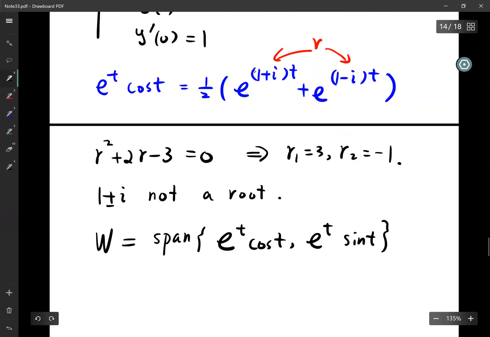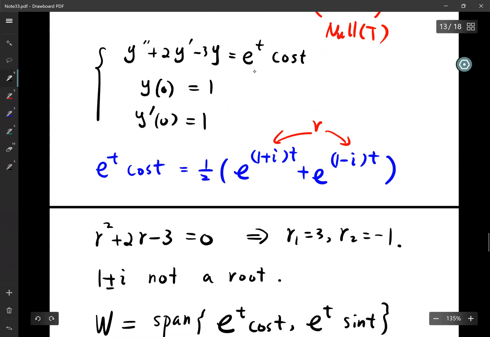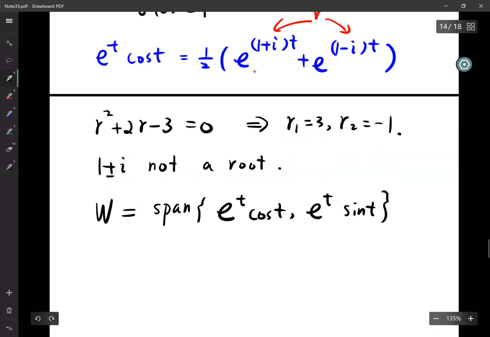Although the ansatz looks really simple, and you can almost stare at that and guess this, the thought process is really this. You first convert that to the root, check whether it is a root. If it is, whether it's a single root or double root of the auxiliary equation, then that allows you to write down the span.